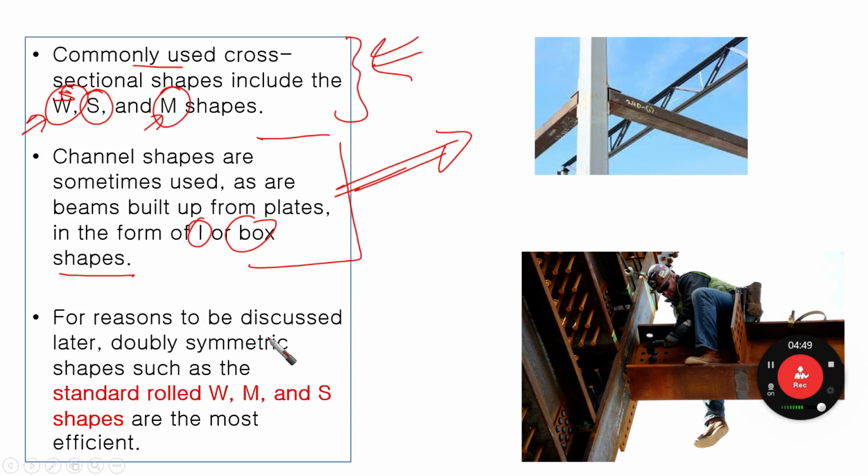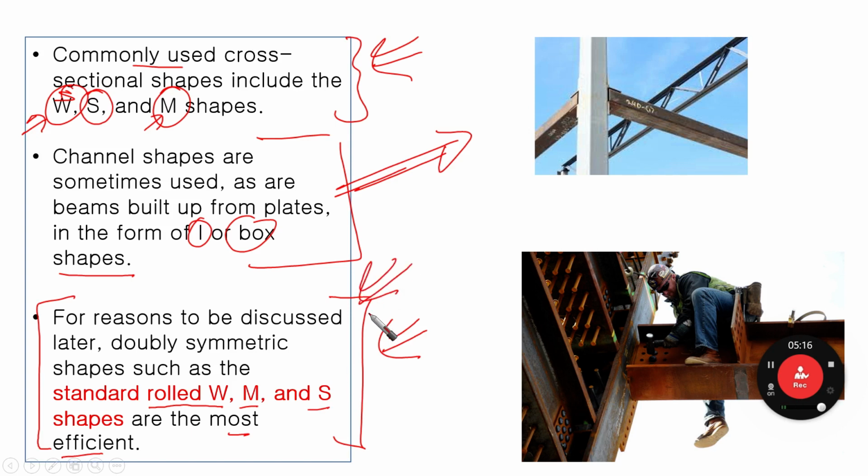And for reasons to be discussed later, doubly symmetric shapes such as standard rolled wide flange, M, and S shapes are the most efficient. We are going to talk about this later: doubly symmetric shapes are considered to be the most efficient shapes for beams. This is the common kind of shape that fully utilizes the beam capabilities.